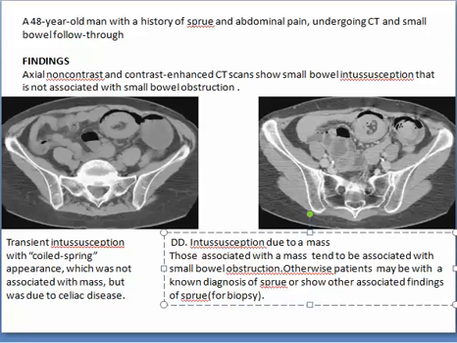Otherwise, going into the history, you may get any finding pointing to sprue. So we have two causes for intussusception: the presence of a mass, polypoid mass, hamartomatous mass, as in some of the syndromes, usually female, and number two, the history of celiac disease or sprue.